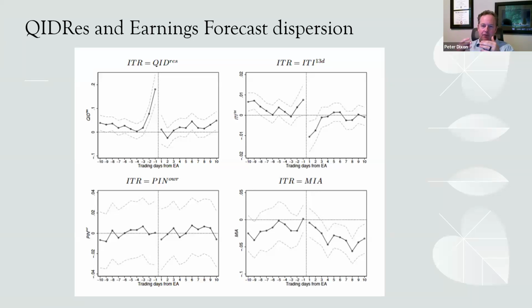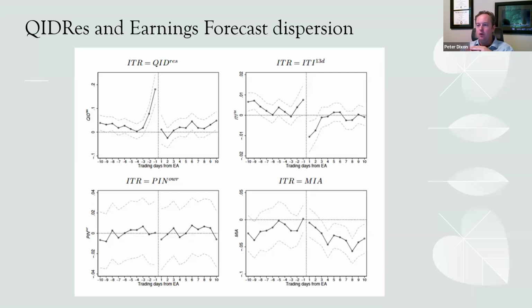If everybody kind of agrees on what the earnings announcement is going to be, there are maybe fewer opportunities for informed trading. So we're basically going to look at just the differential between the highest quintile of dispersion and everybody else in terms of how much informed trading we see around these earnings announcements.